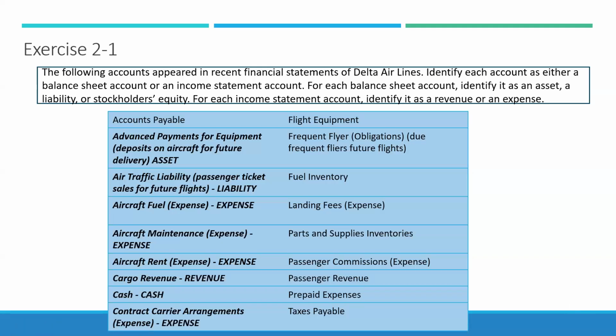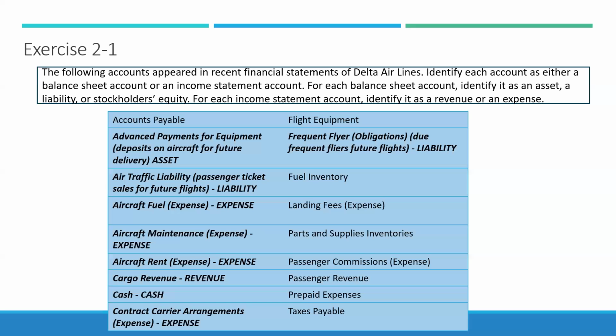Contract carrier arrangement expense. Flight equipment. Assets. That's an asset. Frequent flyers. Okay. How many of you guys fly much? You will eventually down the road, but say you fly enough, you get a benefit.